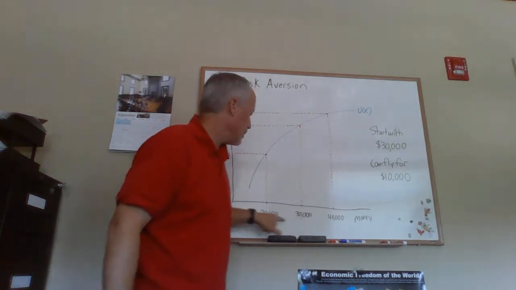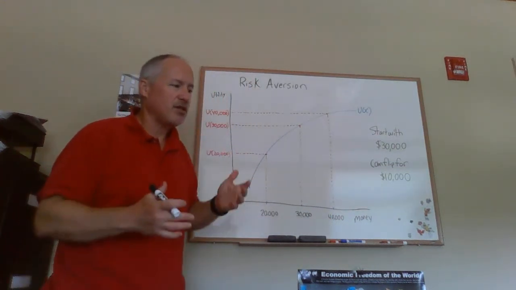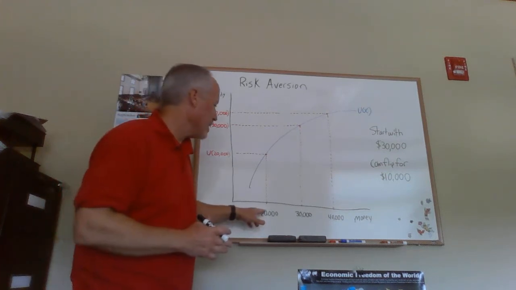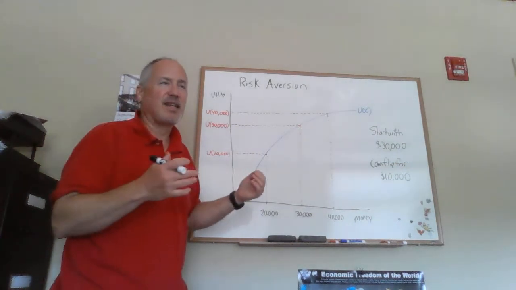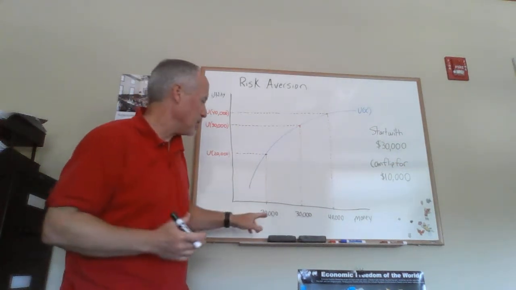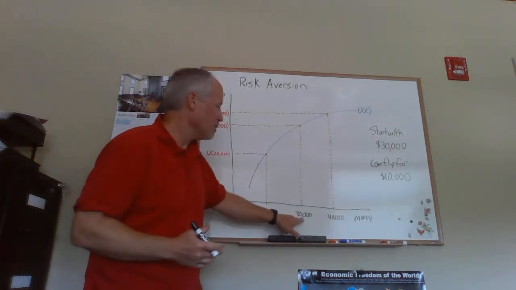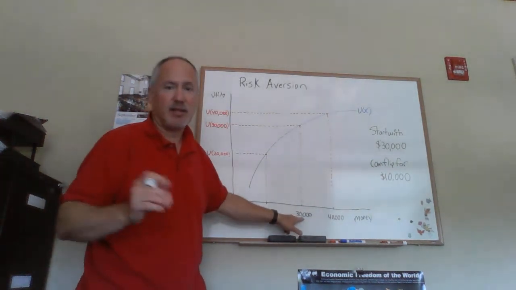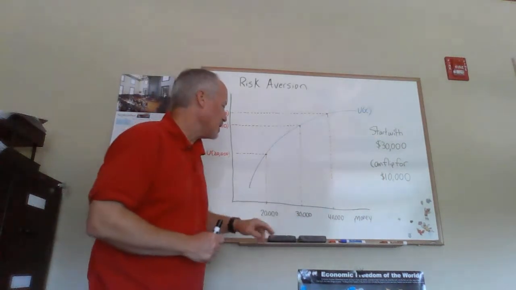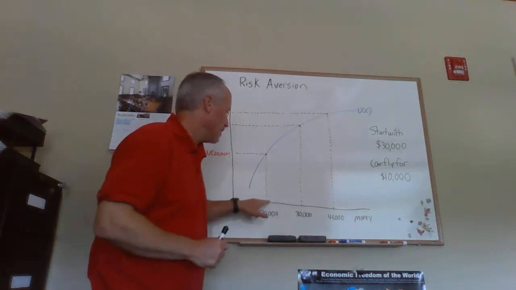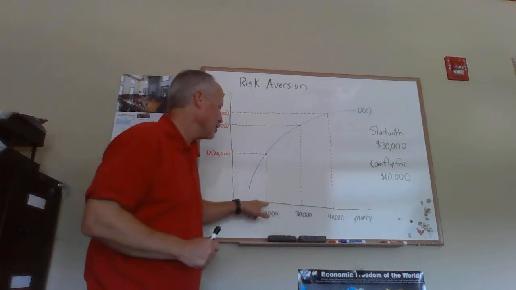Since we have a coin flip, it's always nice graphically to use probabilities of 1/2, because then the average is just the midpoint. The expected value of this gamble is going to be $30,000 because it's a zero expected value coin flip, and you're starting from $30,000. So we can keep the same amounts of money here in terms of gaining $10,000 or losing $10,000.